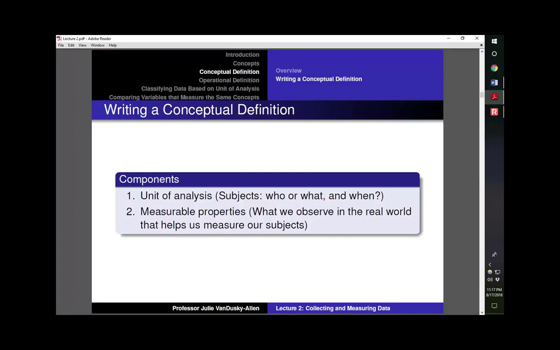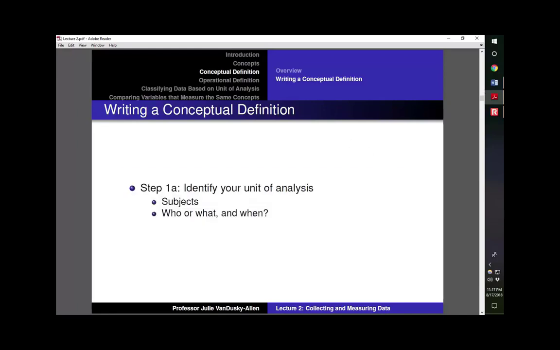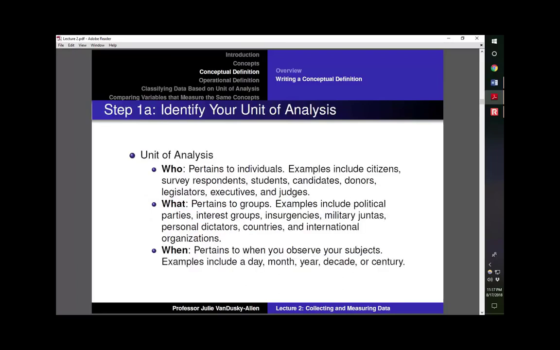The first step in creating a conceptual definition of a variable is to identify the variable's unit of analysis. Recall that the unit of analysis tells us who the concept applies to, who or what they are, and when they exist. The who of a unit of analysis could include a lot of different types of individuals.